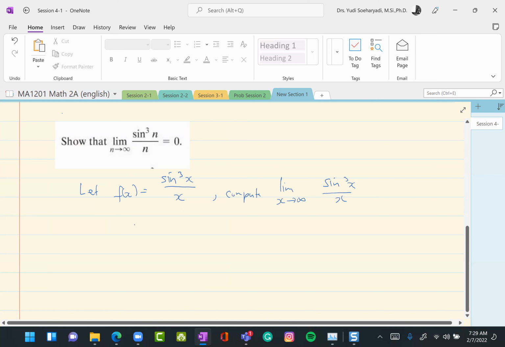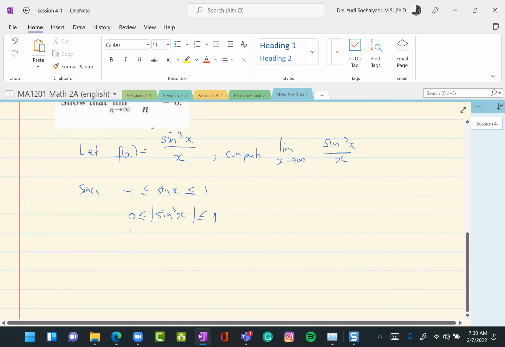Now sine x is between -1 and 1, right? So if you take the power 3, and then put the absolute value, so we don't have to deal with -1.